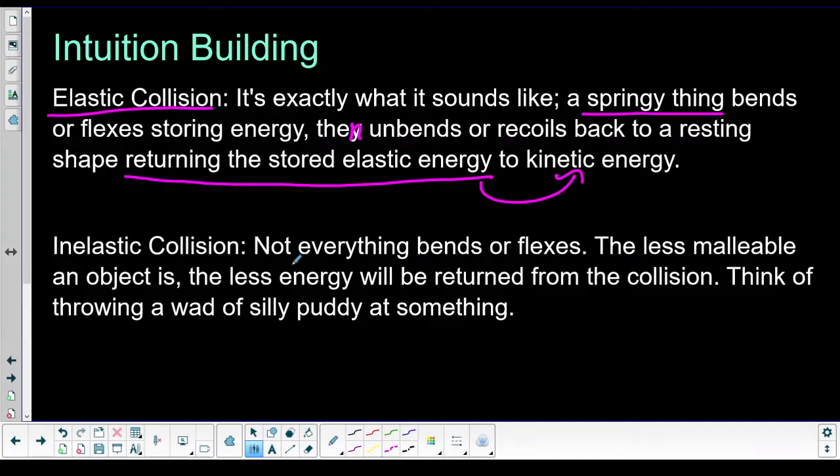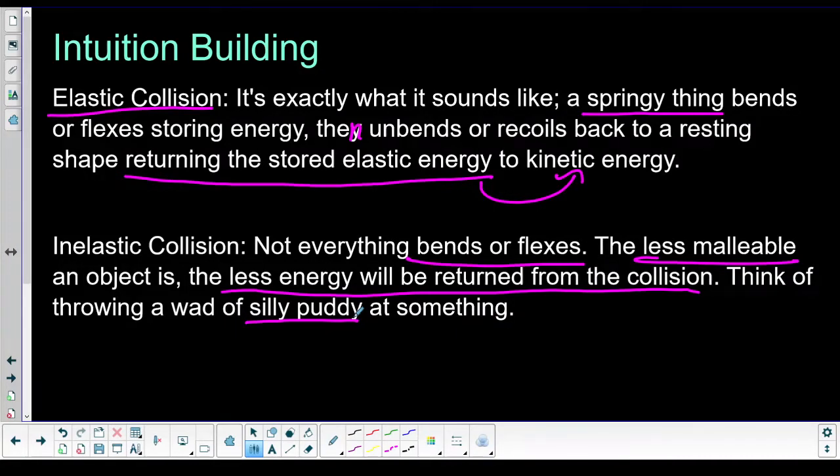So anything that's not flexible or bendy, anything that's less malleable, the less energy is going to return from the collision. The most antithetical, hopefully that's a word, would be if you took a wad of silly putty and threw it at something, it just splatters all over and sticks to it. That's the most opposite of an elastic collision that I can possibly think of.